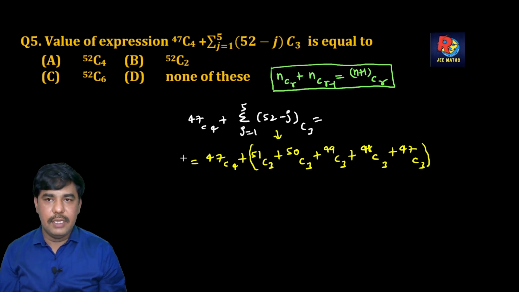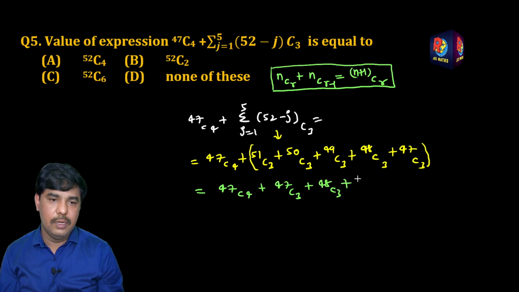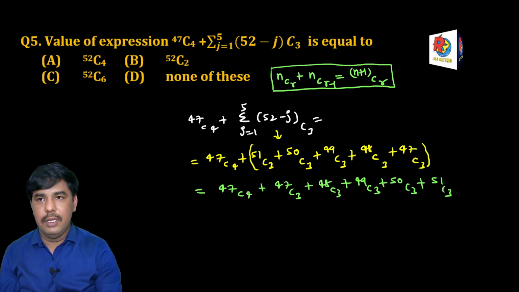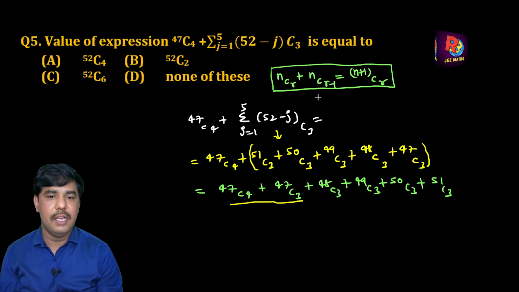Now I will write in reverse order. If I write the reverse order, just you can observe here, 47C4 plus 47C3 plus 48C3 plus 49C3 plus 50C3 plus 51C3. Observe here, if you are applying NCR plus NCR minus 1, N values are the same, R value is decreasing.